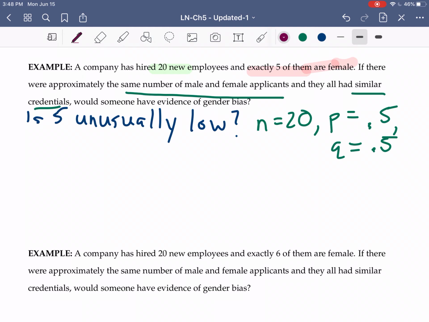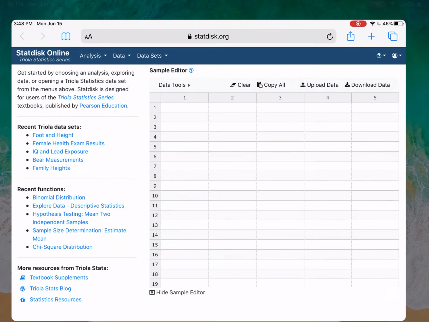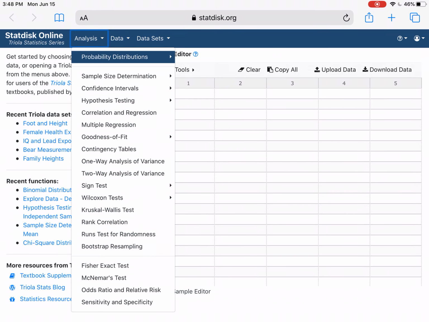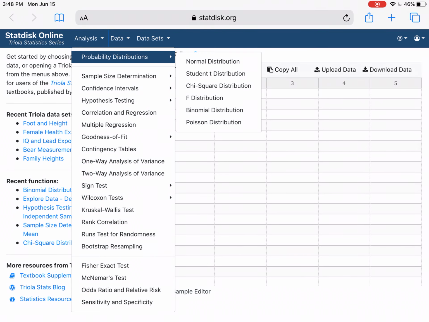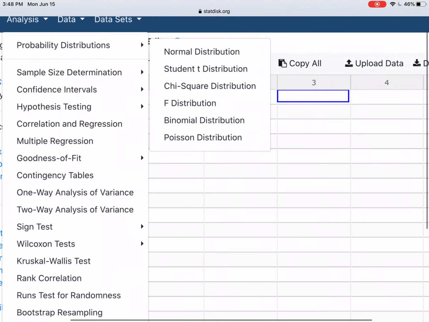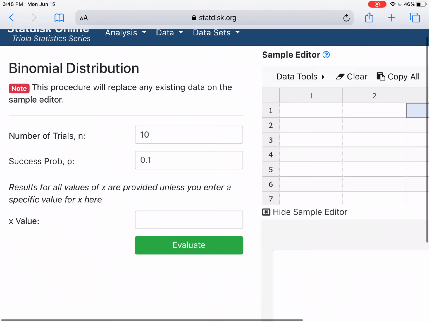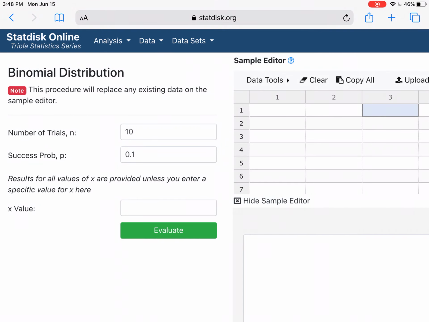So we're going to go over to StatDisk. In StatDisk, we are going to choose analysis, probability distributions, and then we are dealing with a binomial distribution. Once we choose these, over on the left-hand side, we have places to input 3 different values.